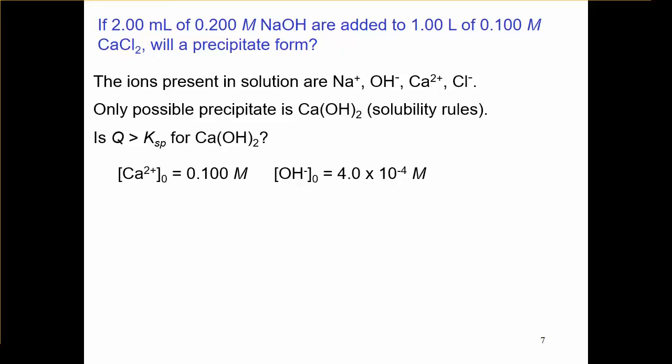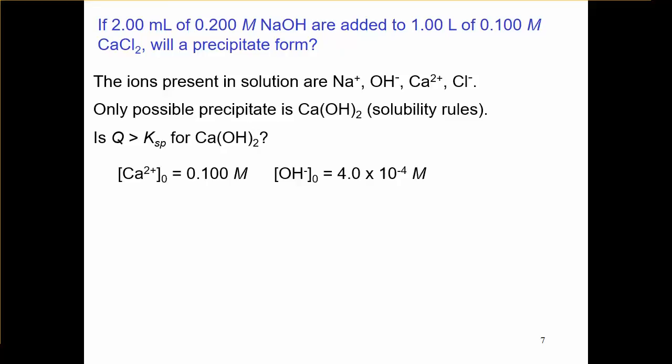Okay? So where did I get these numbers of calcium 2+ equals 0.1 molar and hydroxide equals 4.0 times 10 to the negative 4 molar? I have to calculate the dilutions, right?